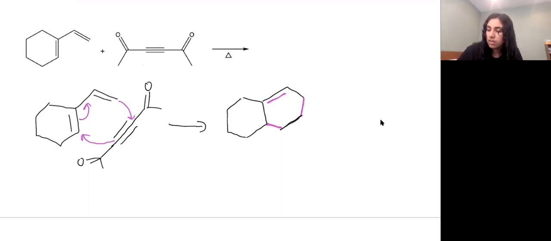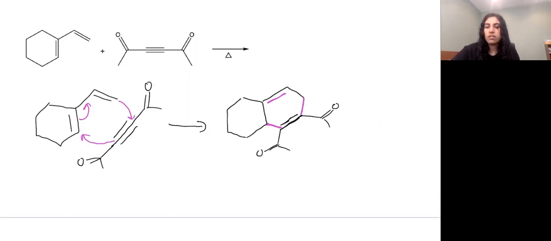And then the dienophile is an alkyne. So what's it going to look like in the final product after the reaction? It's going to be a double bond. So you have a double bond, and then you have your ketones.